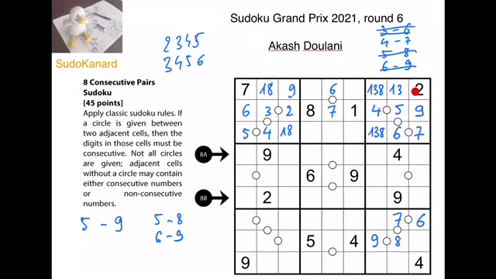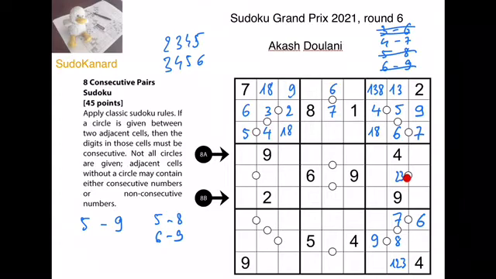And on this row, 3 is here, so 3 is not here. We still need 1, 3, and 2. But note that 1 here would put a 2 here, which would clash with these two.